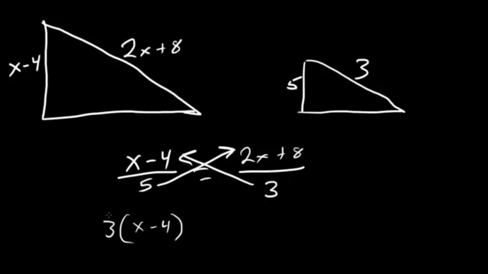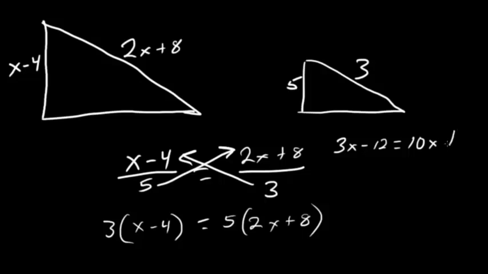Pretty important that you get these parentheses in here, because otherwise you may not end up distributing. Equals 5 times 2x plus 8. So we need to distribute, and when we do, we end up with 3x minus 12 equals 10x plus 40.